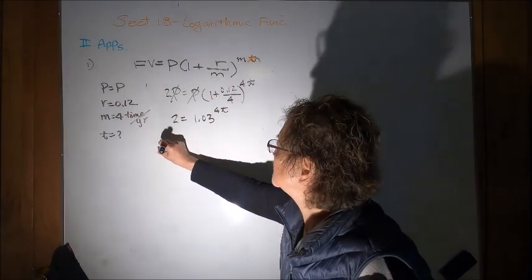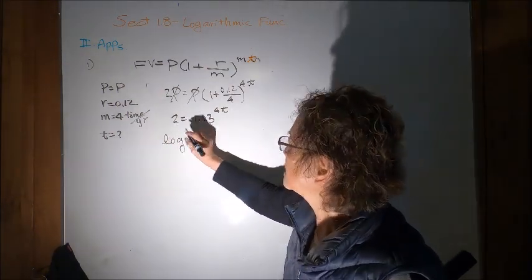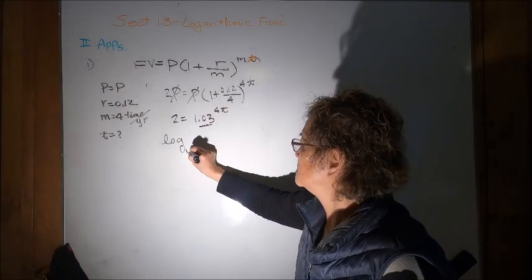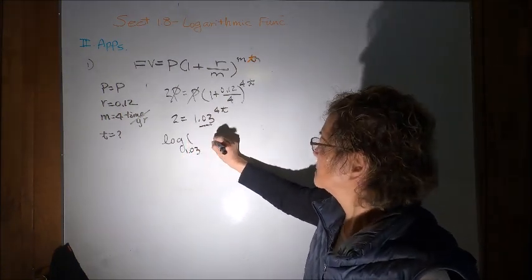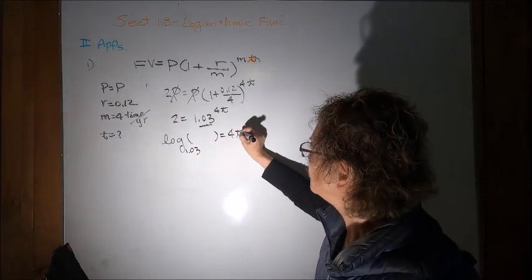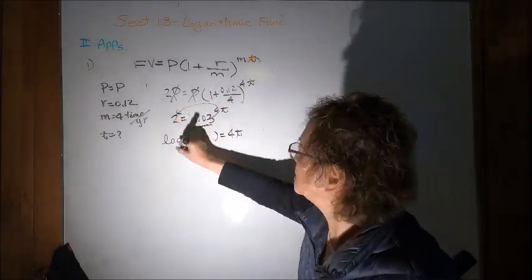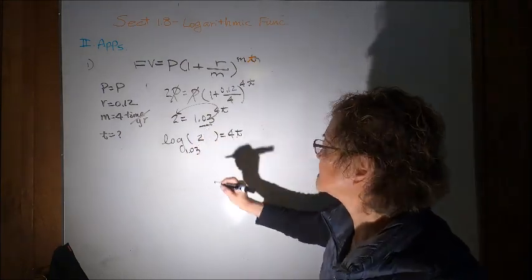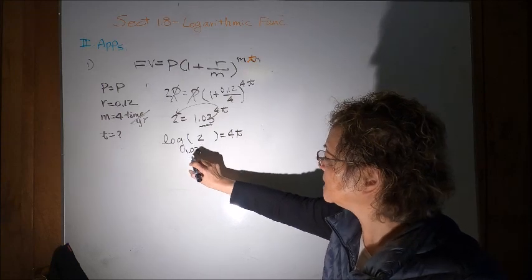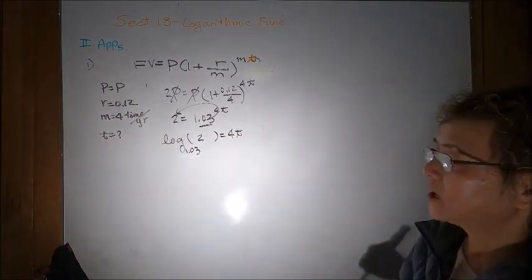So we will rewrite it as a log, right? Log base what? That's your base, 1.03. Then what's inside? What's outside? You hook to your power, you hook to your power, become the result. That's how you write it.